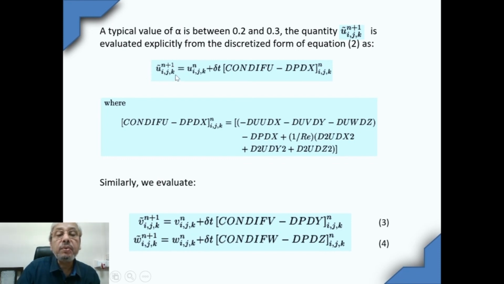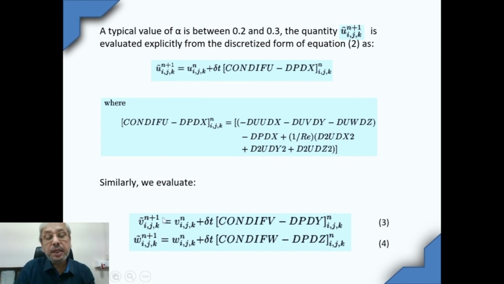Since it is a provisionally advanced value, we also use the tilde sign. So this is the way u velocity is provisionally advanced at every point.